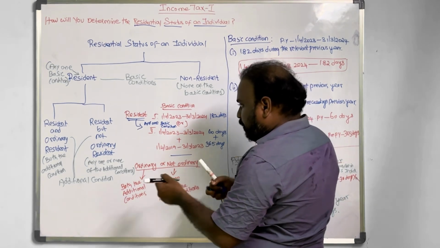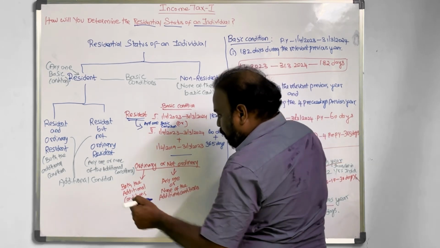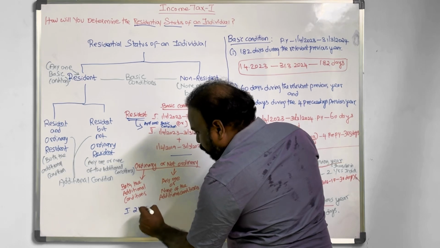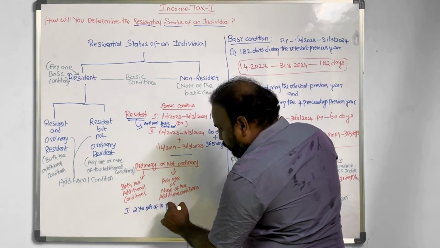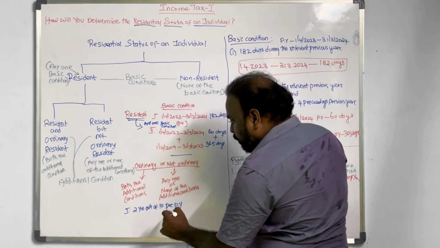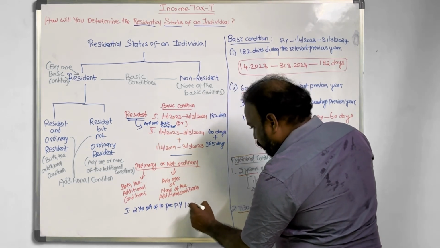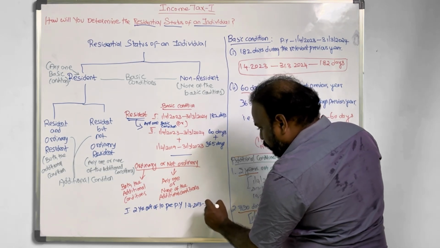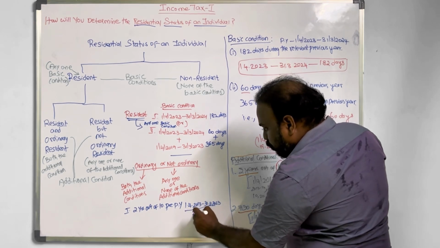Now the additional conditions are: first, 2 years out of 10 preceding previous years, that is from 1/4/2013 to 31/3/2023. Here it should be 2 years.